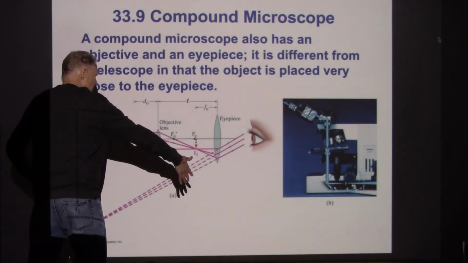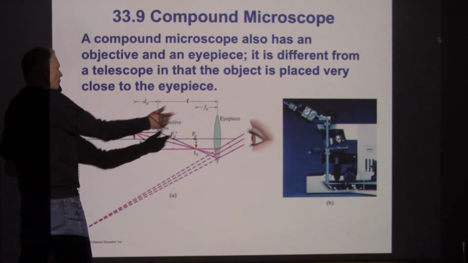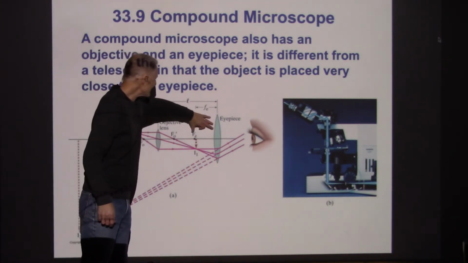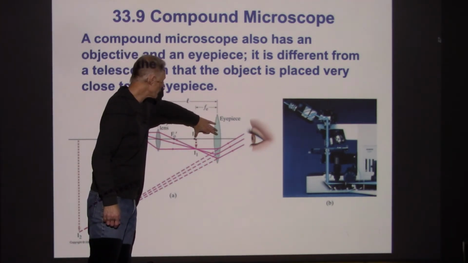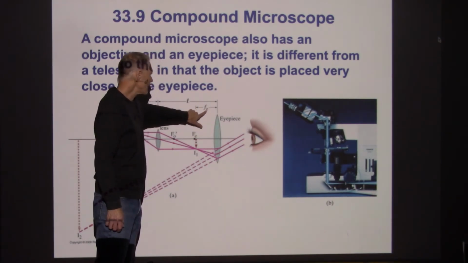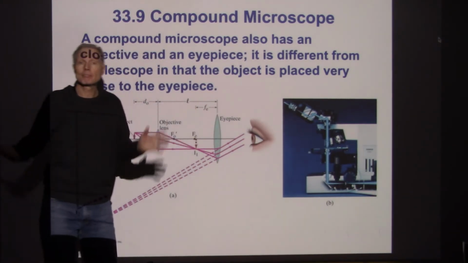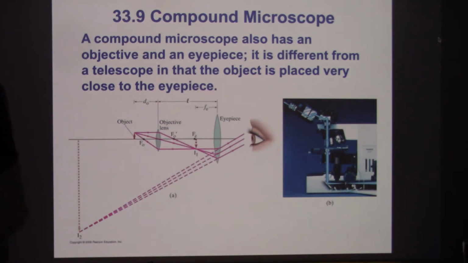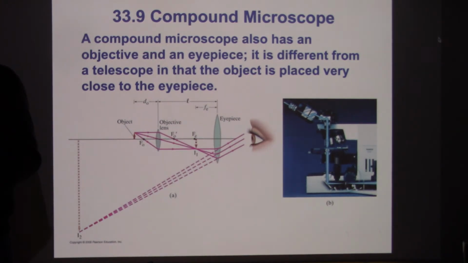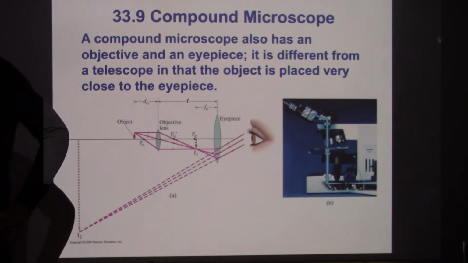So the image distance for the eyepiece is infinitely large. And what that says is that the DO for the eyepiece will be the focal length of the eyepiece. It's the same convention we used for the telescope. I don't want to say it's an approximation.